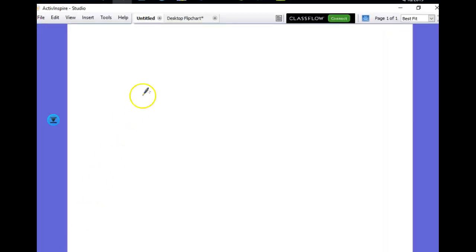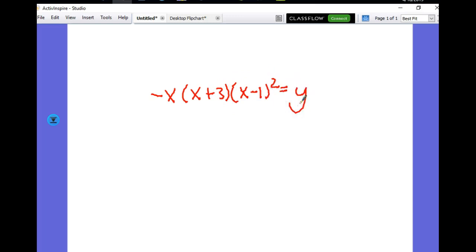All right, so we have -x times x plus 3 times x minus 1 squared equals y. Okay, so I'm going to do this the long way, but then I'm going to show you guys the short way, and then I would encourage you just to use the short way.